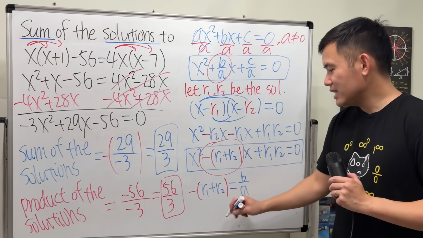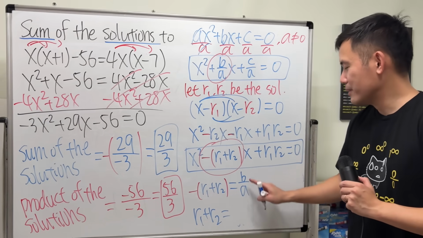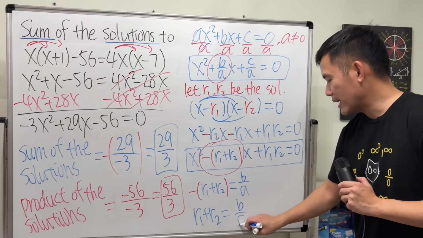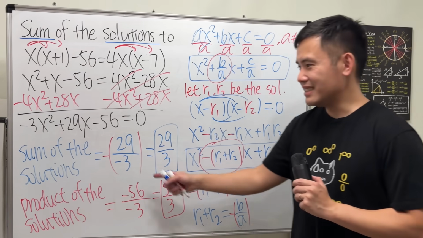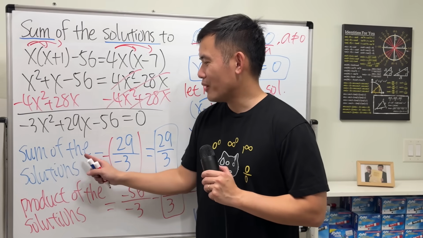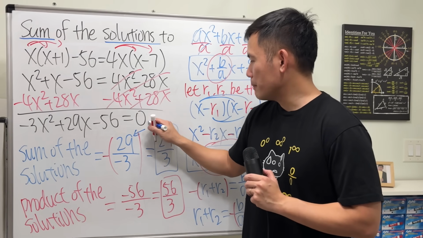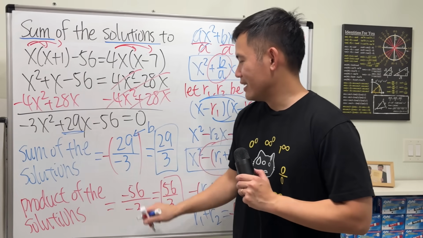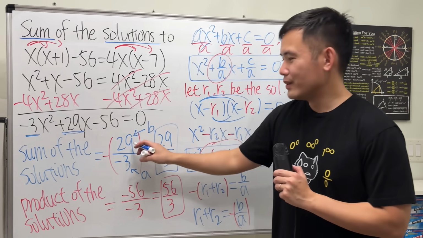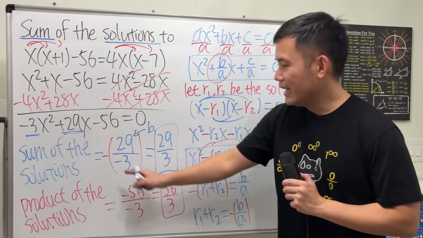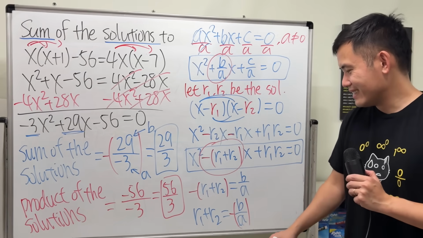Divide both sides by negative, then we see R1 plus R2 being equal to b divided by a, and then negate the result. That's exactly what we did. The sum of the solutions is equal to, here is the b from here. This right here is the a from here. So we have 29 over negative 3, and then we negate the result, and then we get that for the answer. That's just like right here.